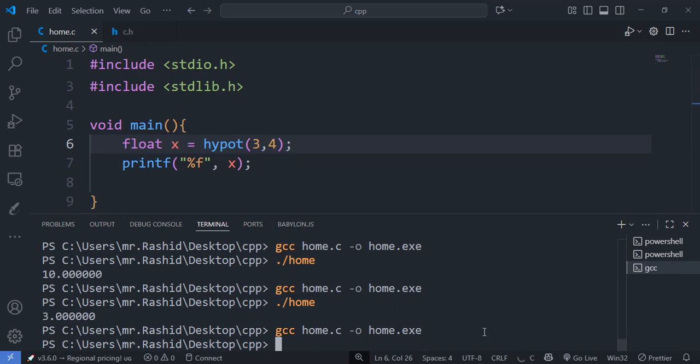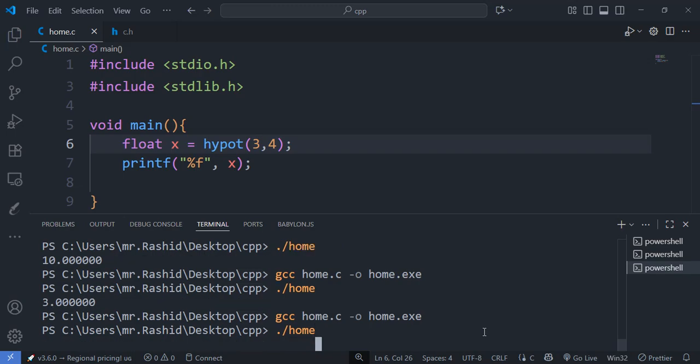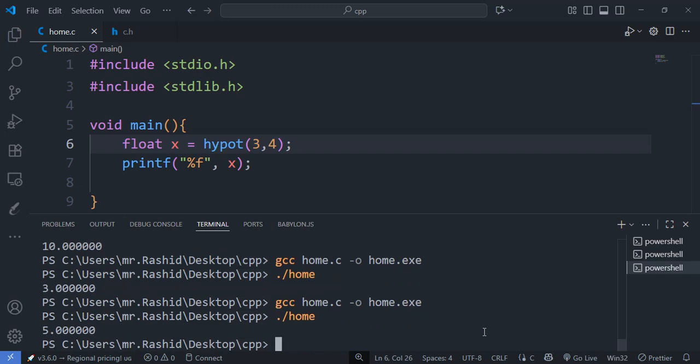I think we are going to get 5. Yes, because 3 squared is 9, plus 16, we get 25, and the square root of 25 gives us 5.